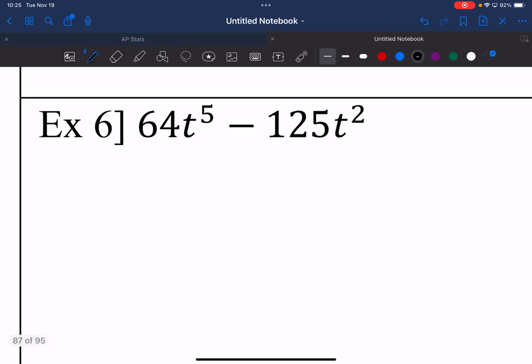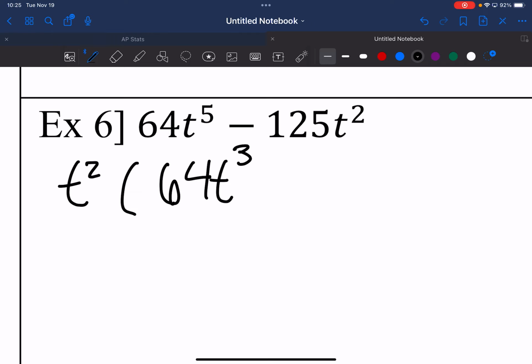By 2, 125 divided by 2? Nope, can't have a decimal. So, nope, can't take out anything but a t squared. When we take out a t squared, we're left with 64t cubed minus 125.